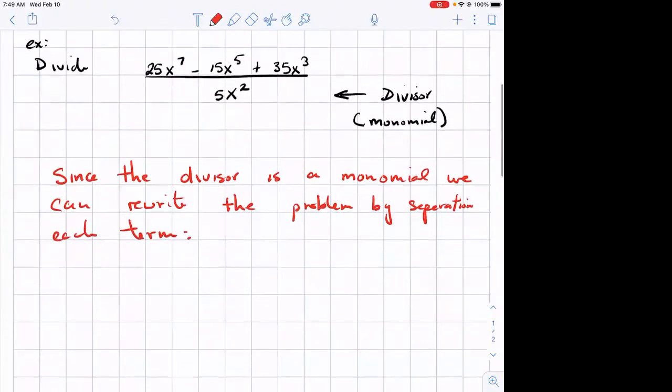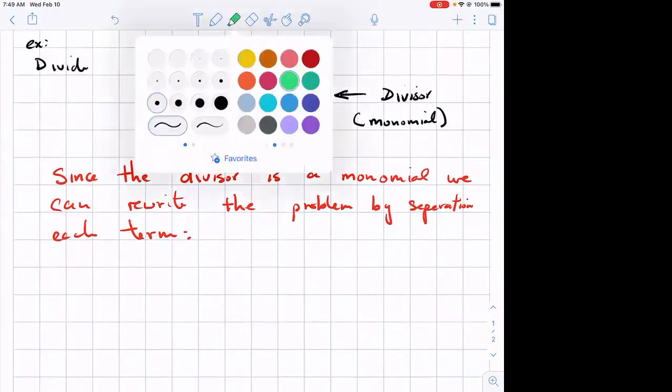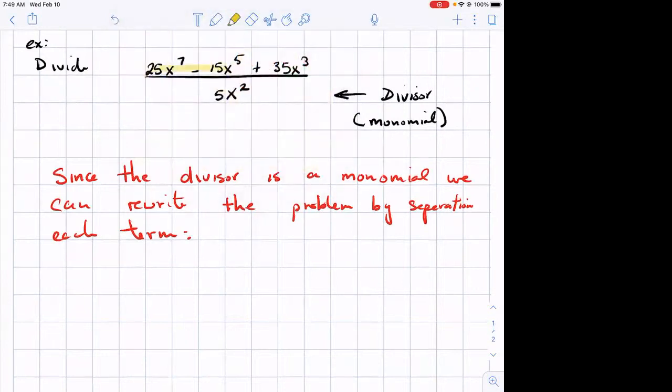And what I'm basically saying here is that we're going to separate the numerator, okay?